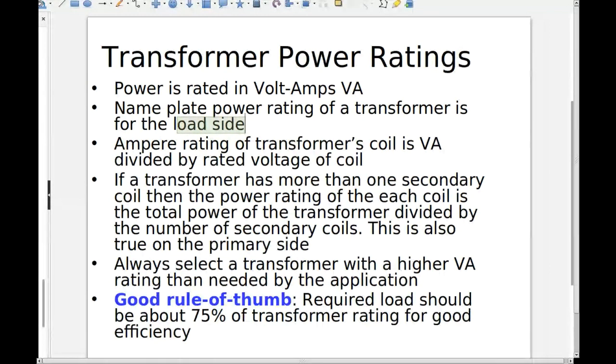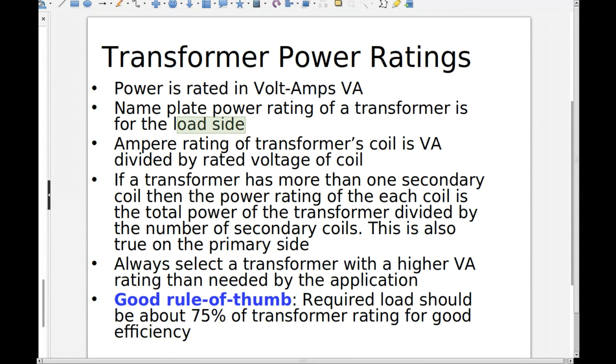Okay, in reality, we like to say that transformers are ideal, but they're not, right? They're inductors. They have lots of wire in them, and so there's a lot of resistance. They also have that leakage flux that we referred to, and they have those eddy currents in them that we also talked about with inductors.